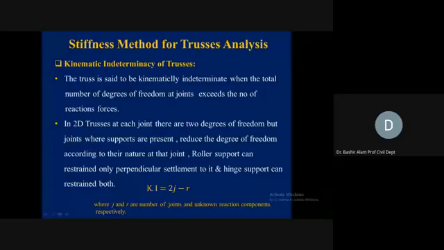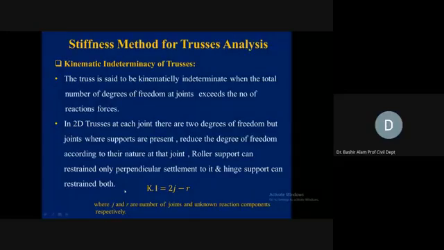A roller support can restrain only perpendicular settlement to it, and a hinge support can restrain both. Why can hinge do both? Because in both directions it can provide the reaction. So it is not allowing the freedom. So at a hinge it will be 0.